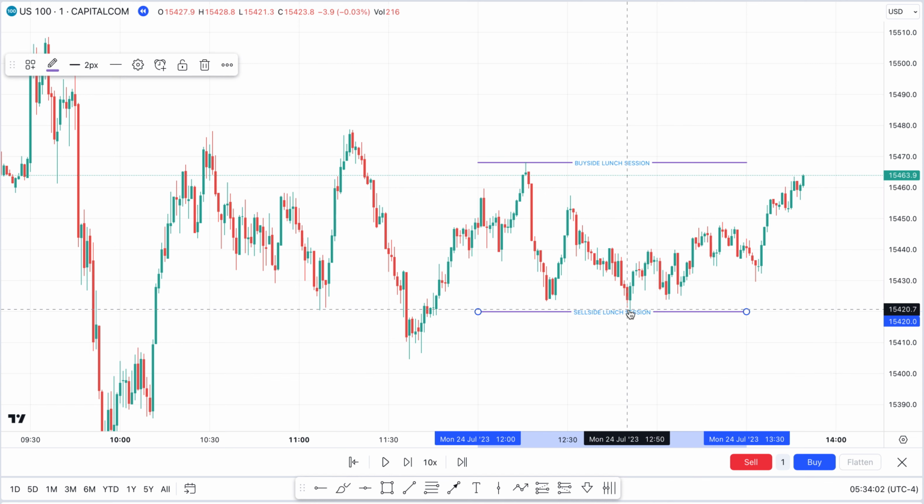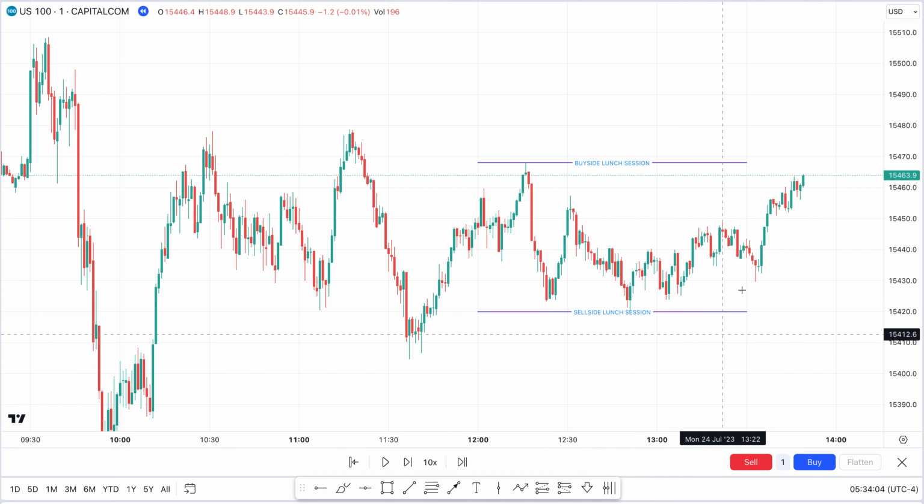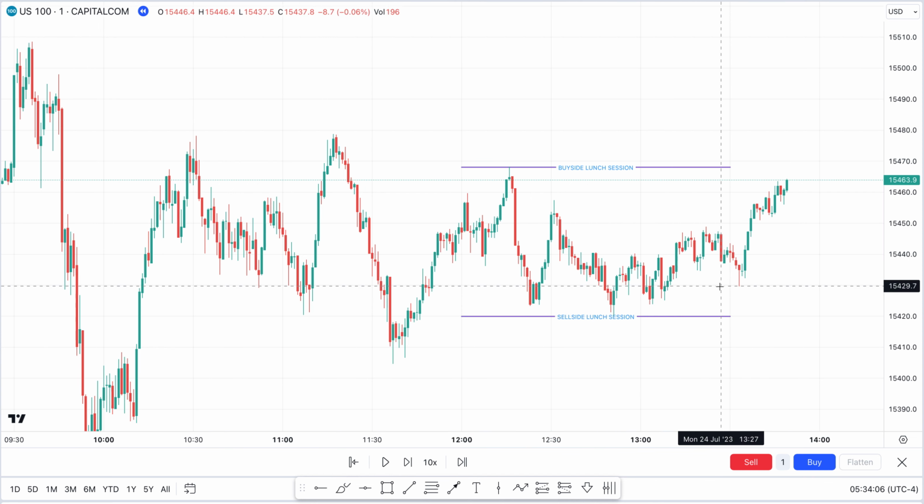So it'll be this candle level. Now what you want to see is a raid of either buy side or sell side, and then the reaction after that raid of the liquidity.